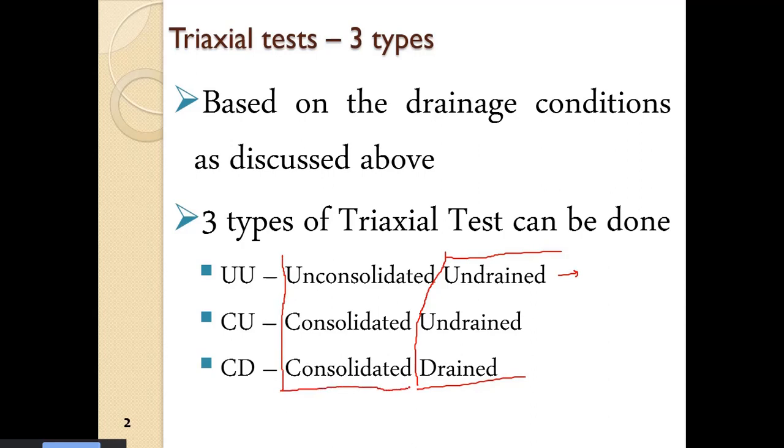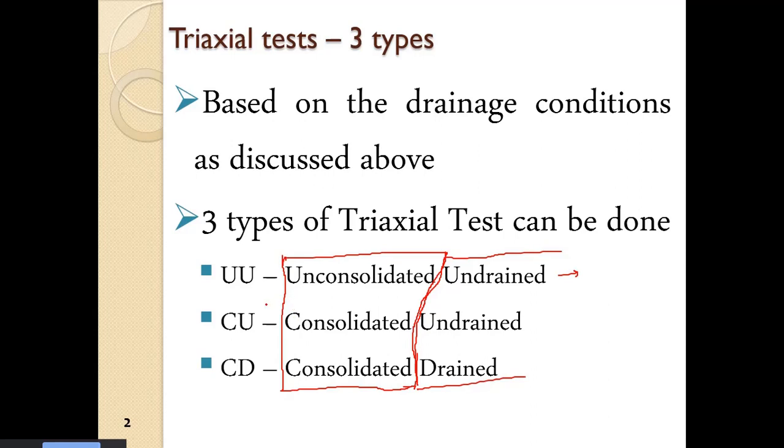In the cell pressure application stage, as we go on increasing the cell pressure, how does the pore water pressure develop? That is very important to understand, particularly the nature and behavior of the soil.